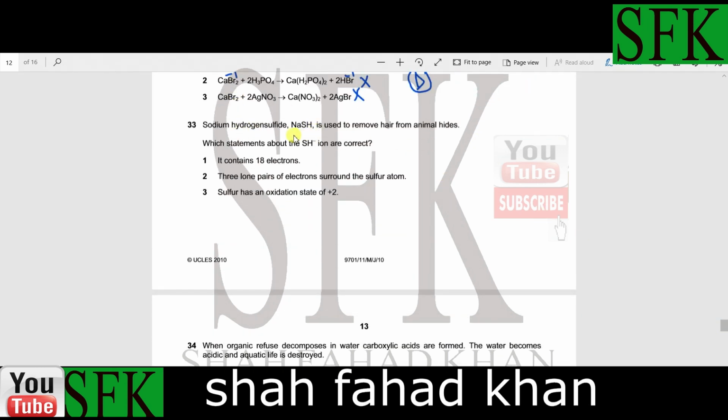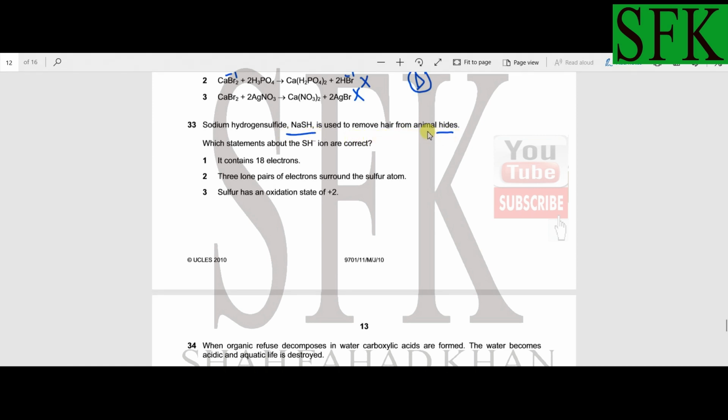All right, let's move on to MCQ number 33. Sodium hydrogen sulfide, NaSH, is used to remove hair from animal hides. Which statements about this ion are correct? Let's see. It has 18 electrons. Sulfur and hydrogen, SH, and it has a negative charge. How many electrons are present in hydrogen?